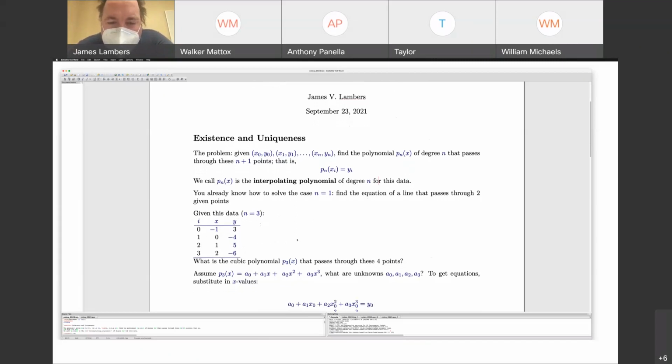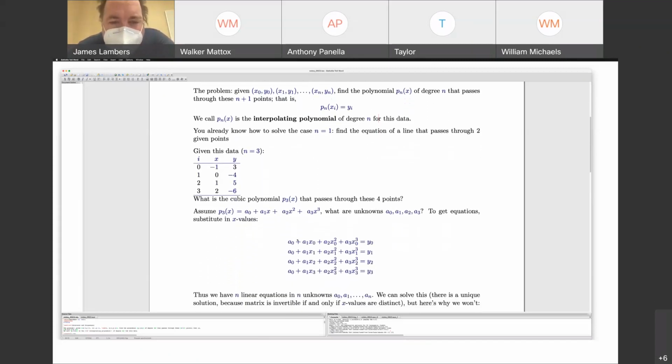The most straightforward way to solve this problem is just to set up a system of linear equations. So here is our polynomial with unknown coefficients, A0, A1, A2, A3. What we do is we substitute each of the x values, x0, x1, x2, x3, into this polynomial, and we set them equal to the corresponding y values.